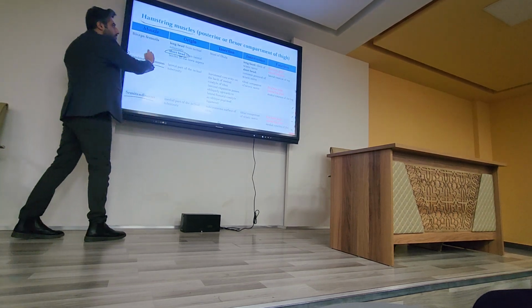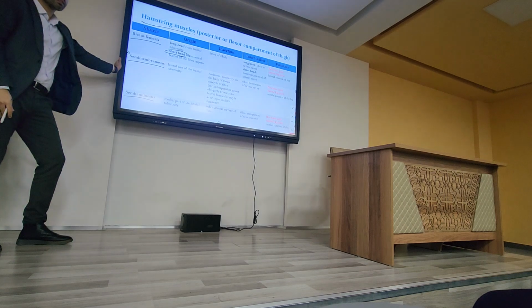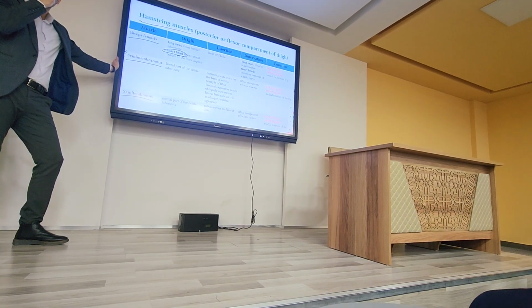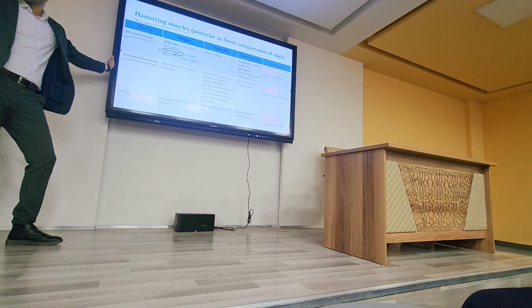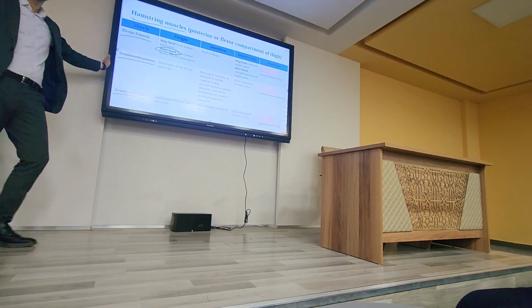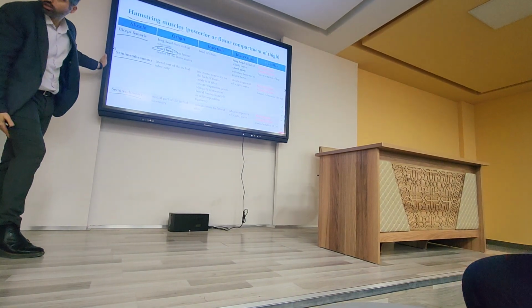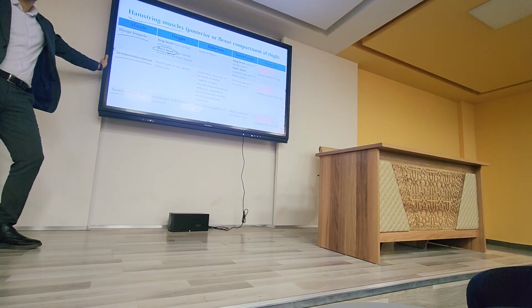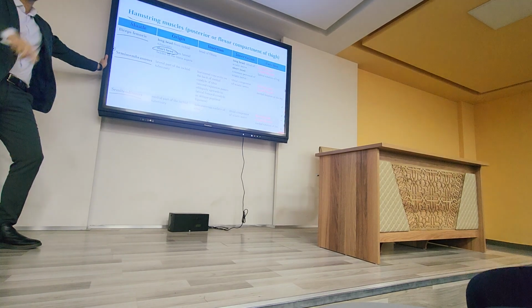the short head of the biceps. The short head of the biceps is not hamstring. Why? Because it is not attached to the ischial tuberosity. One, it doesn't start from the ischial tuberosity. The short head just starts from the femur, from the linea aspera. Another reason: innervation is different.